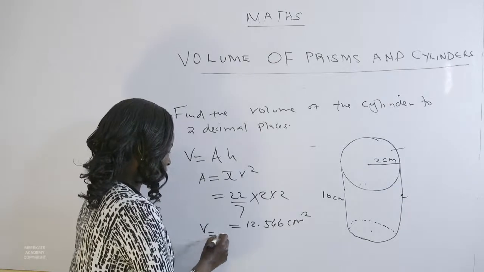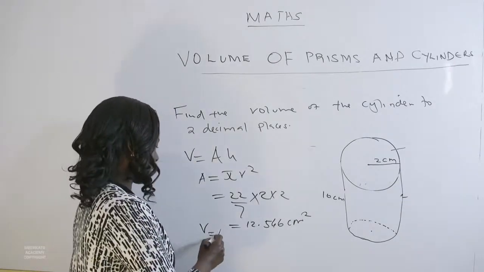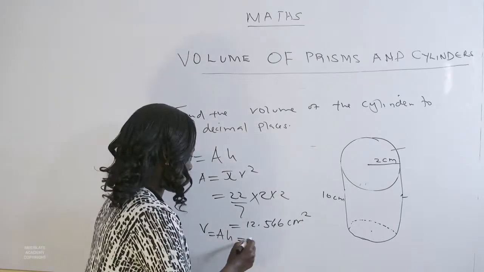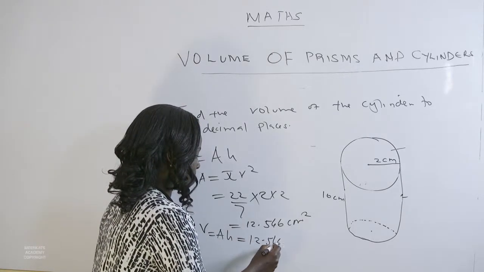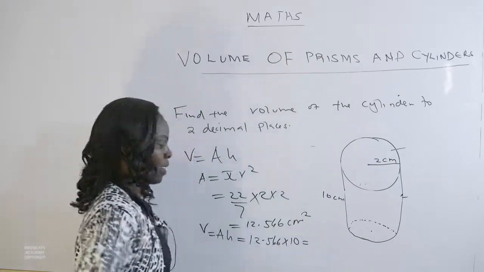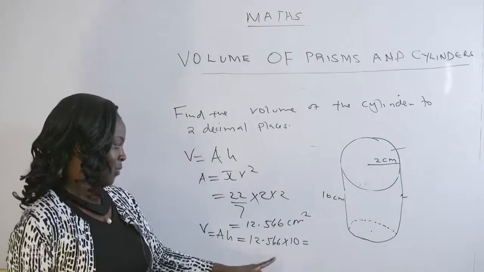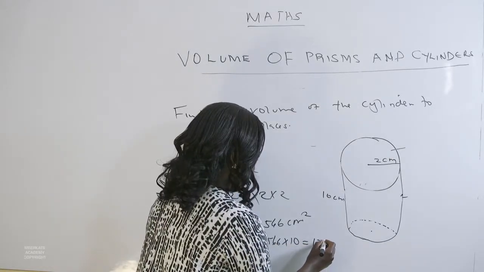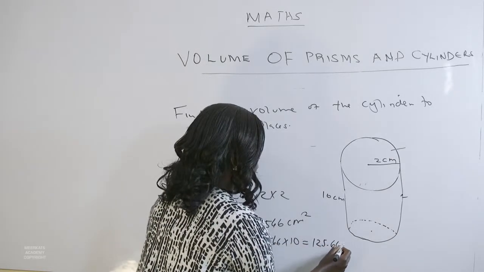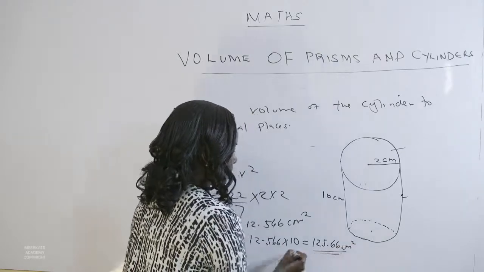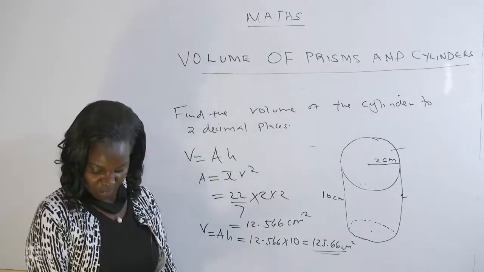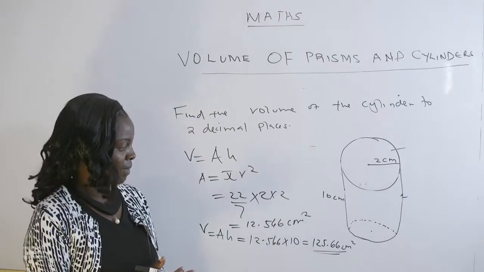But then for the volume, it is area times the height. Height is 10 centimeters, so we multiply the area by 10. What do we have? 125.66 cubic centimeters.